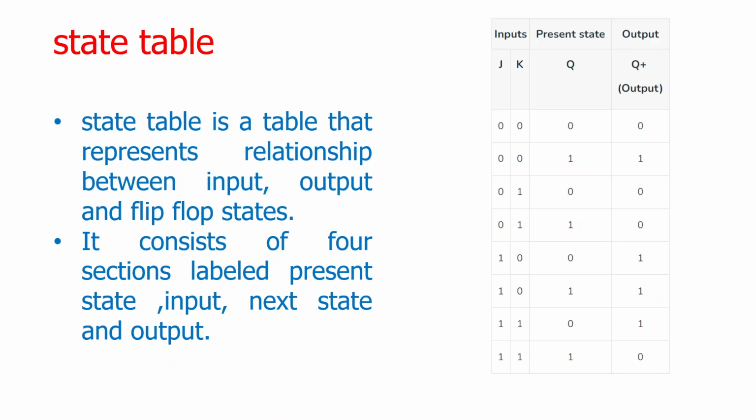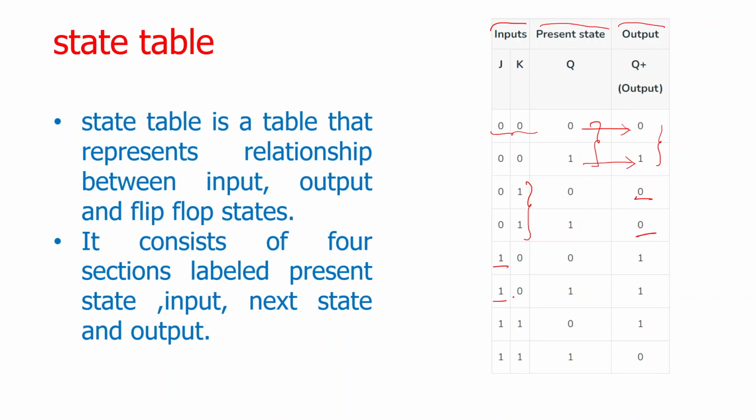Next, the state table. Here I have taken the characteristic table of the JK flip-flop to better understand what a state table is. The state table consists of 3 columns: input, present state and output. For the J0 K0 combination, you know the flip-flop remains in the same state. If it is already 0, it remains in 0, and if it is 1, it remains in 1. Next, the 0 1 combination. Since K is 1, K means reset, so it will go to the reset state.